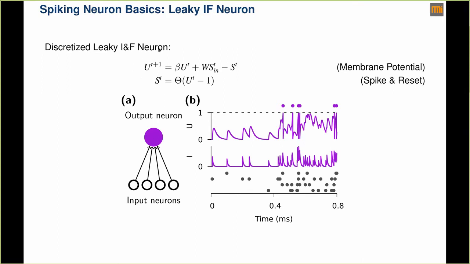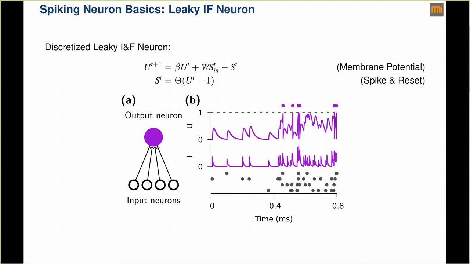Here this is expressed as the membrane potential at time t+1 is equal to its past with a decay factor beta between 0 and 1, a number that's close to 1, plus some synaptic inputs, a reset term, and the spiking nonlinearity, in which case this neuron spikes when the membrane potential reaches 1.